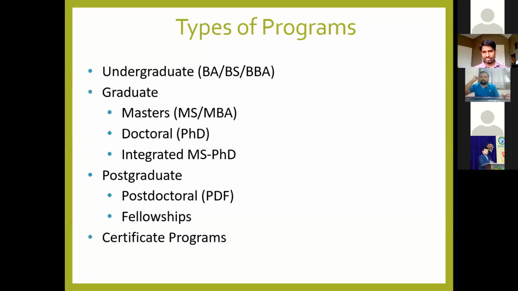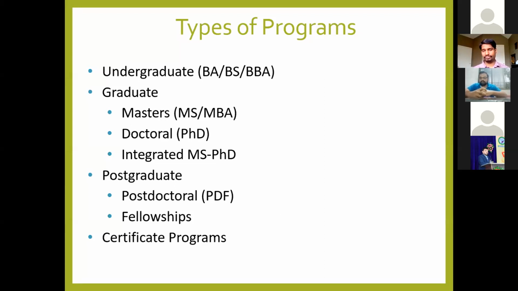So these are the different types of programs. Another difference that I want to point out here: in India, we say graduate, right? Are you a graduate? That means we assume you have a BA, BSc, BCom, or whatever. In the US, we call that degree an undergraduate degree. All other degrees after undergraduate are graduate degrees, like master's, your MBA, your doctoral PhD studies.